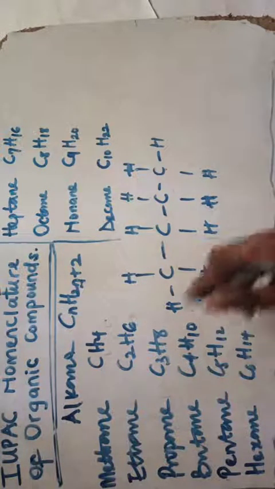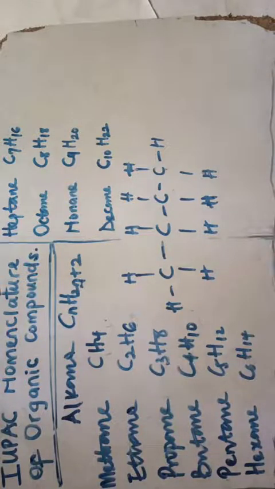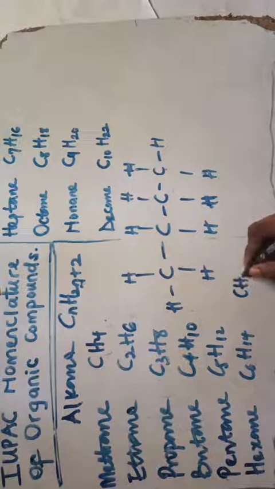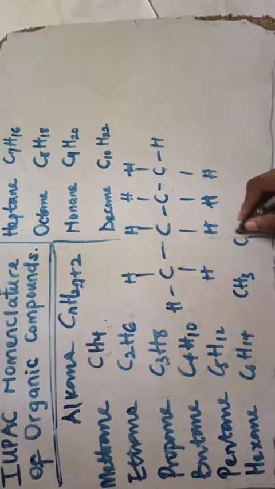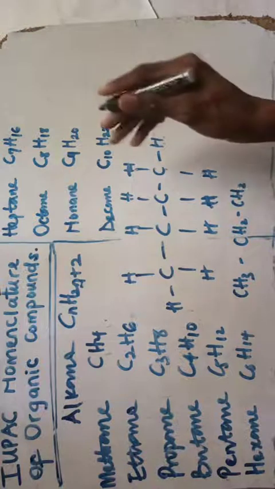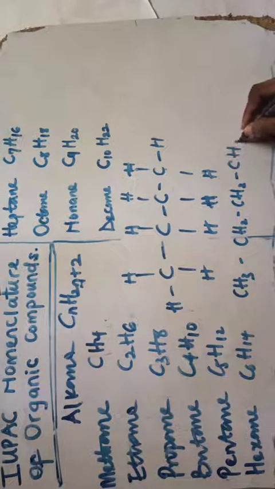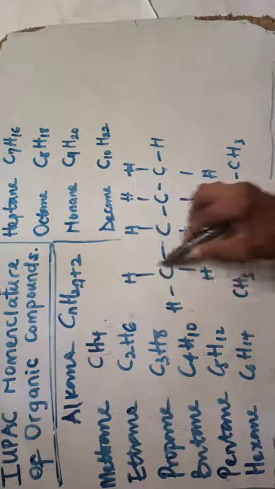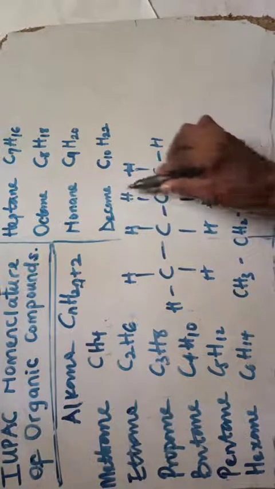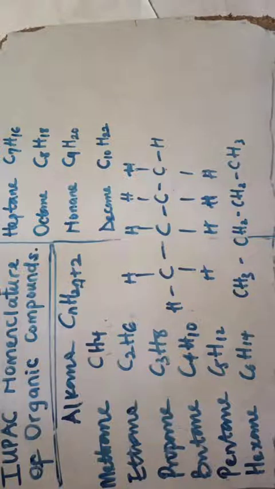Now you see your naming this compound. First, before talking about the naming of a compound in detail, you find out that this is CH3. This is CH2, this is CH2, this is CH3. CH3, CH2, CH2, CH3, like that.